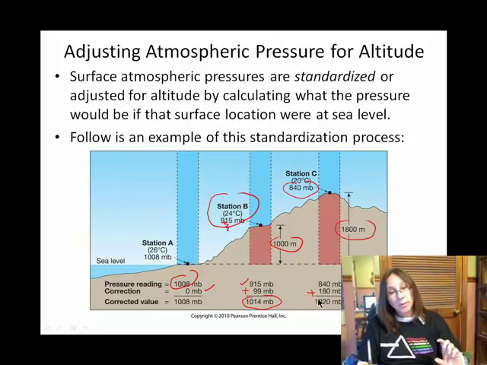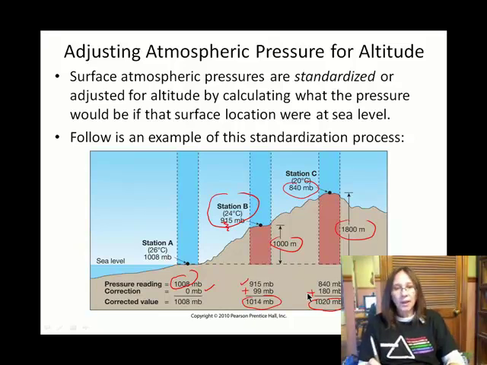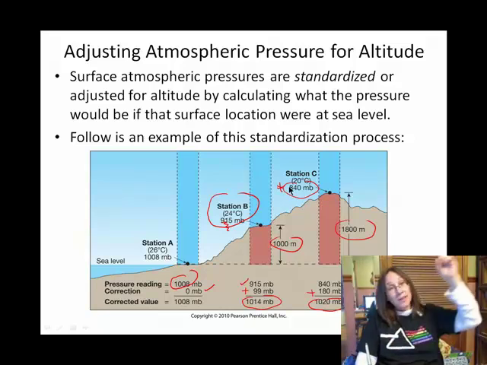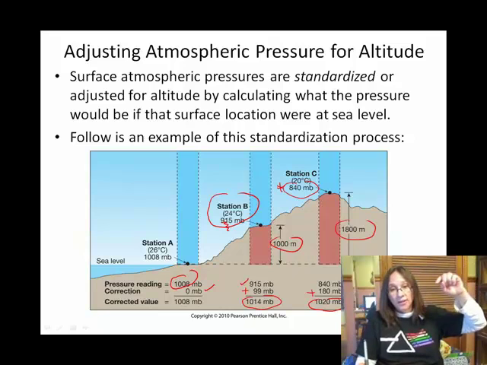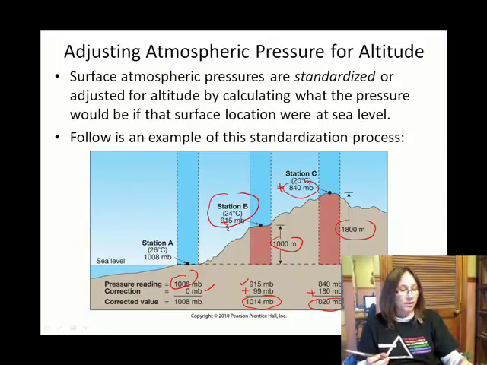So what you're going to see reported is 1,020 millibars on those maps, because differences in pressure are very important to get a sense for, quite frankly, the flow of wind. What might look like a relatively low pressure, 840 millibars, is only low because it's at upper elevations. So of the 3, Station C has reported the highest pressure.